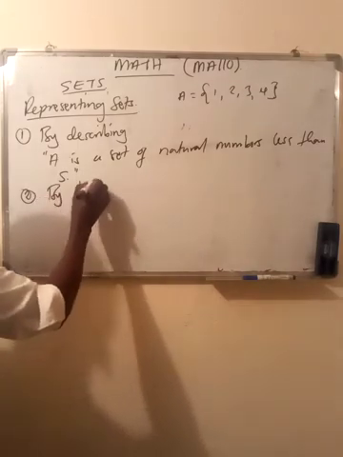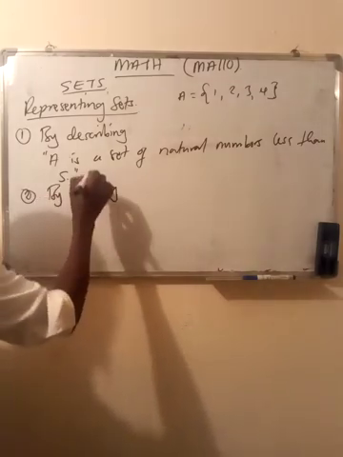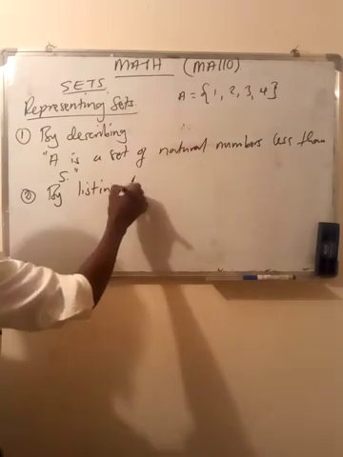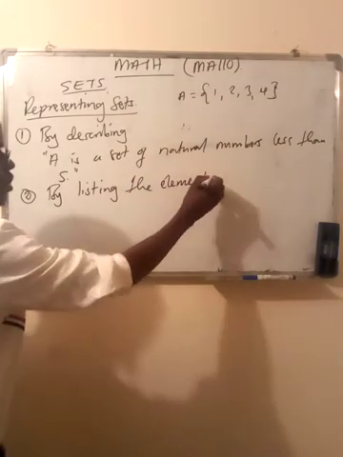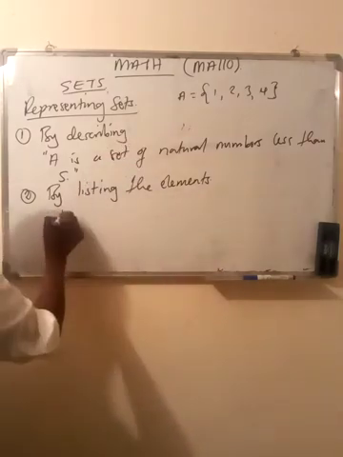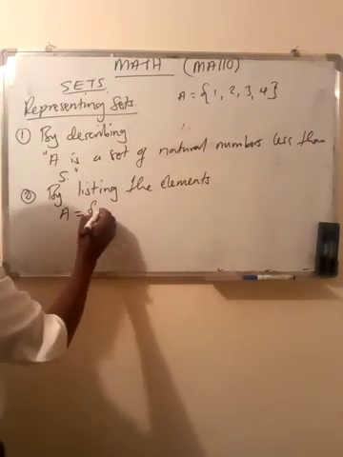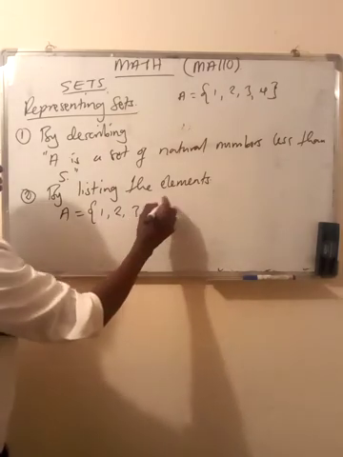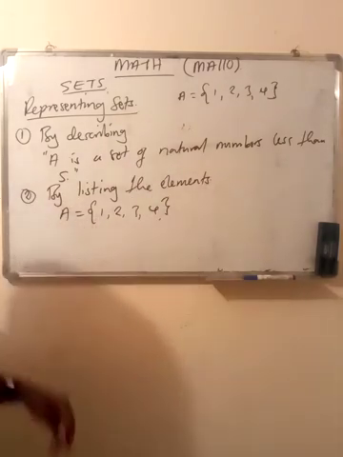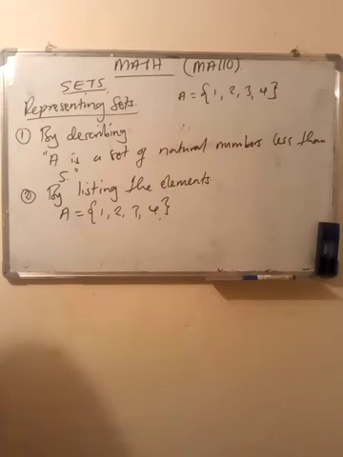In this case, A is the set 1, 2, 3, and 4. So we've listed the elements. Number 3, another way we represent sets is to use the Venn diagram.